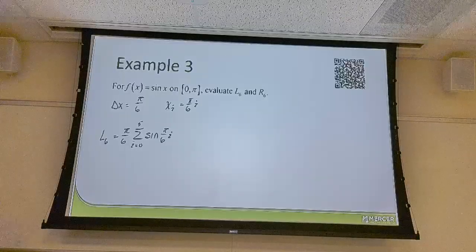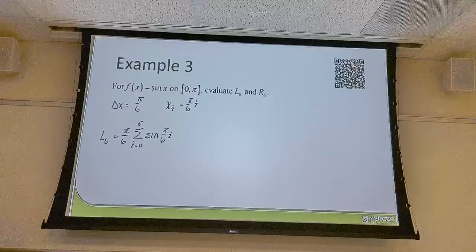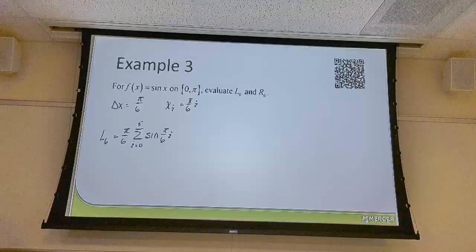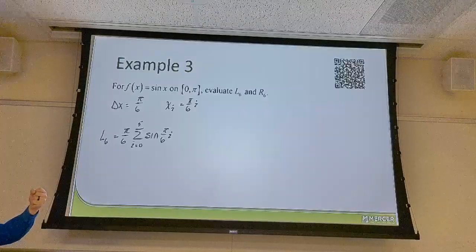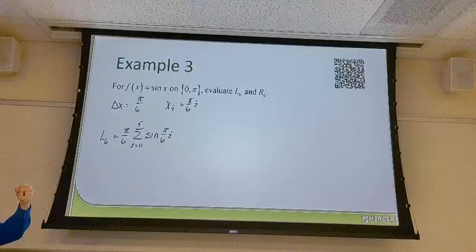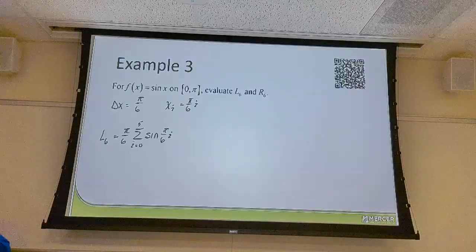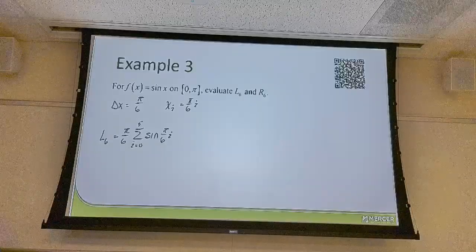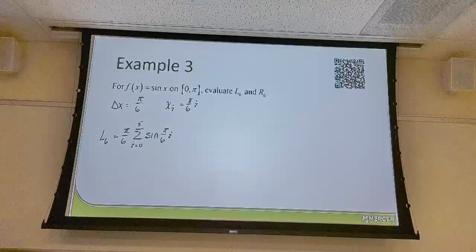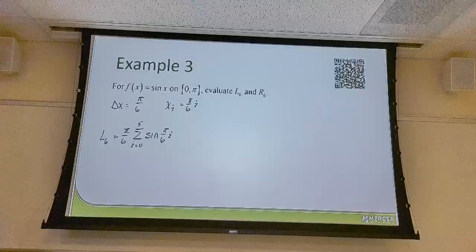That should be L6, right? That sum. So it'd be sine of 0 plus sine of pi over 6 plus sine of 2 pi over 6 plus sine of 3 pi over 6 plus sine of 4 pi over 6 plus sine of 5 pi over 6, right?